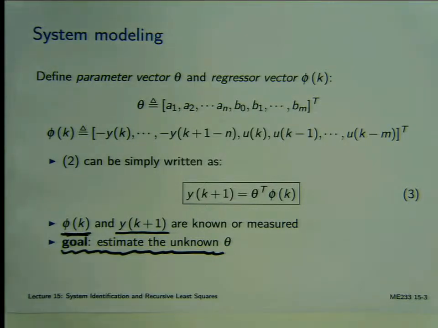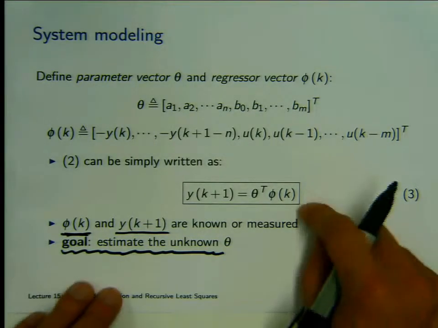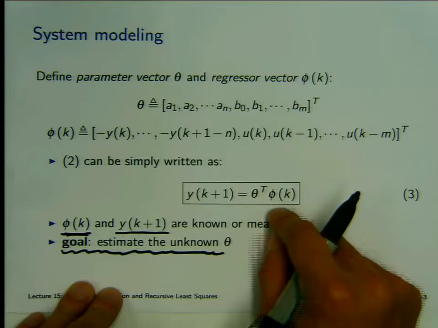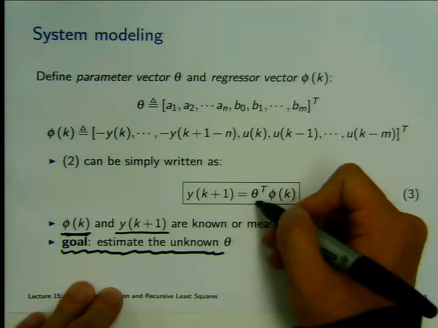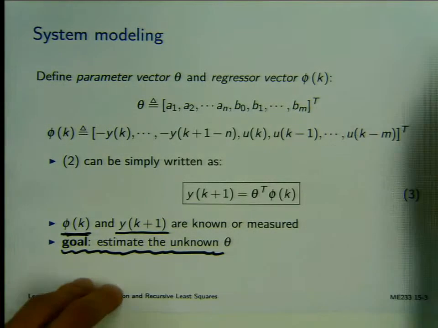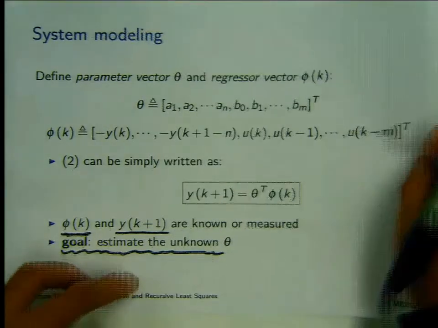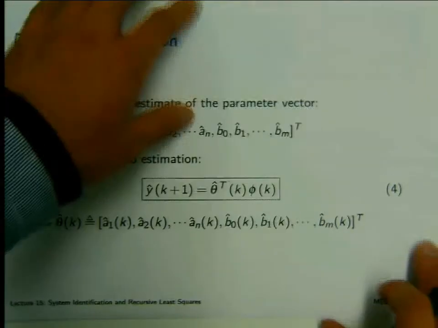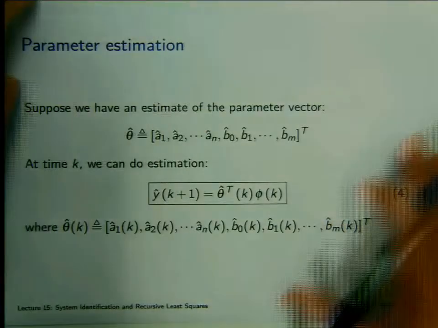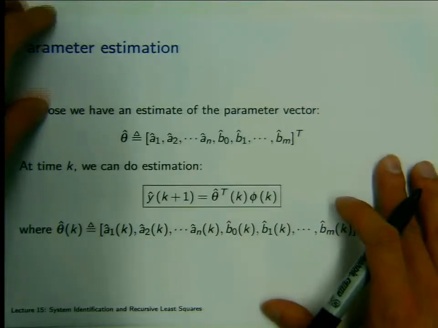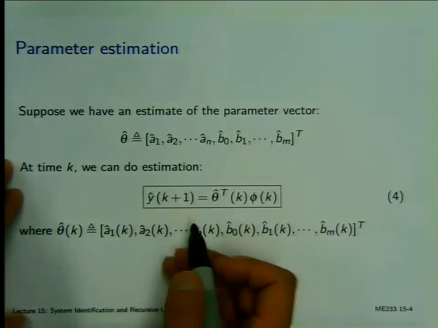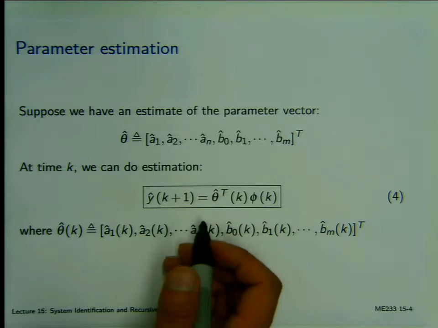Okay? So this is our assumption. We assume we know the plant model, but we don't know the detailed values of these plant parameters. The system identification process is actually pretty intuitive, in the sense it's based on this basic idea.